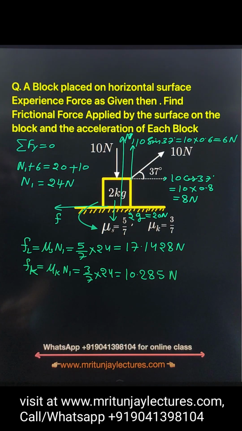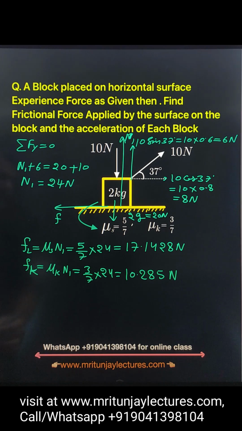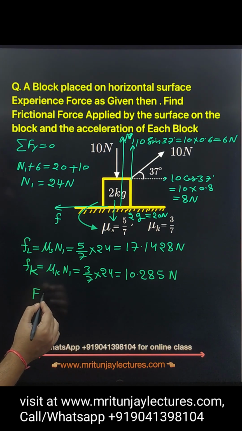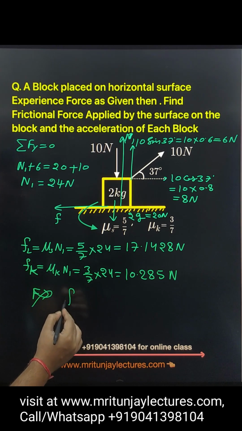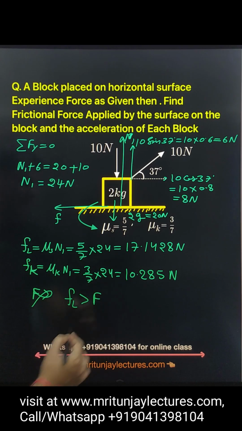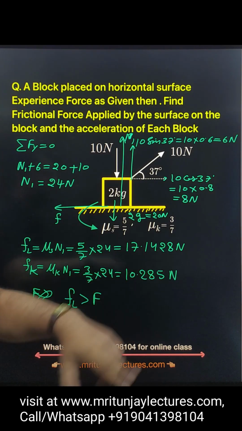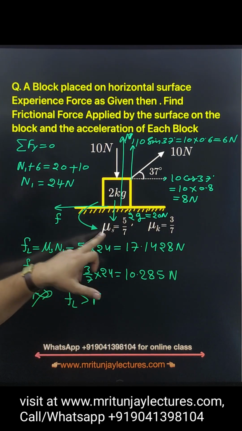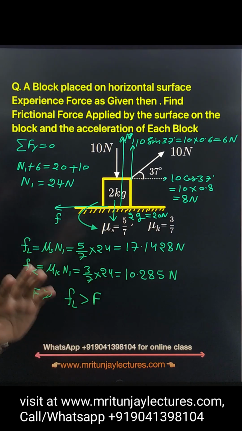Now the applied driving force is 8 Newton. The driving force F is not greater than the limiting friction FL, so FL is greater than F, and motion is not possible. The maximum limiting friction is 17.1428 Newton, which is greater than this force, so the block is not moving.